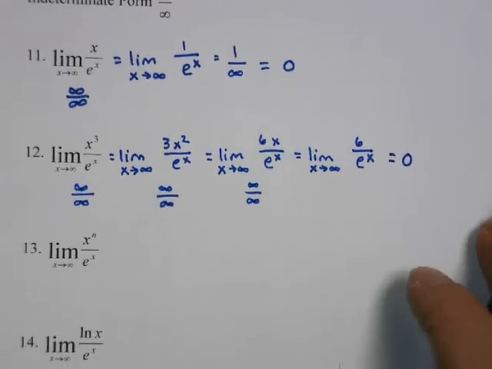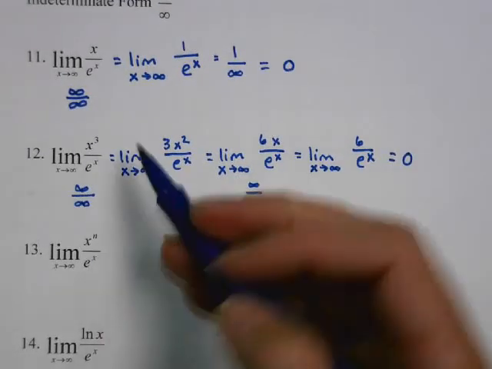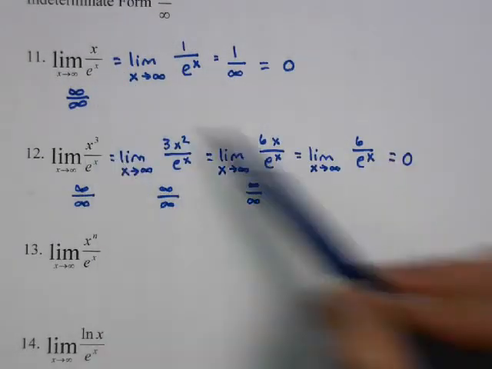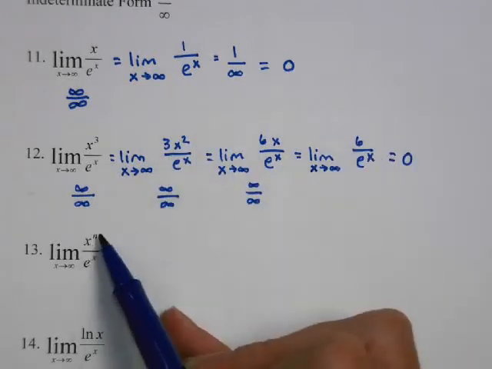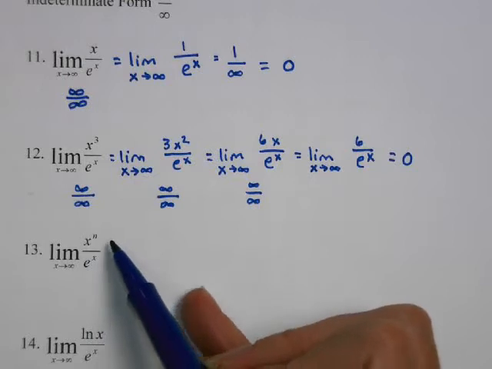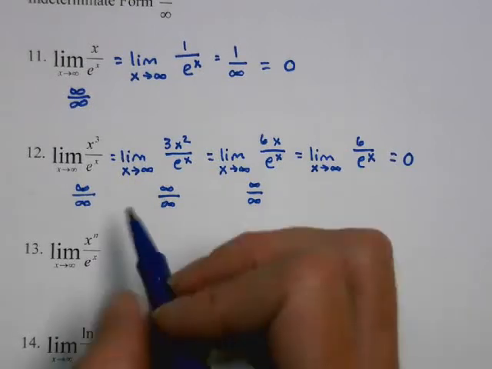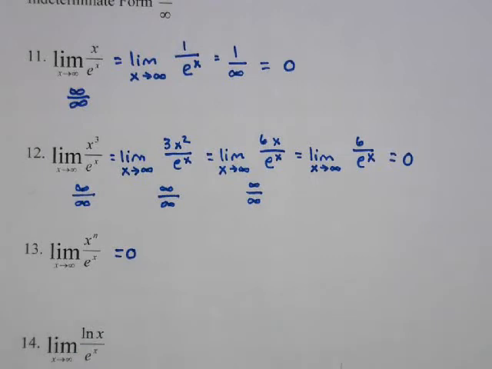So if you look at this last case here, x to the n over e to the x. So x went to 0, x cubed went to 0. And what's going to happen is as I keep taking derivatives, no matter what that power is, eventually it's going to go to a constant. So this is always going to be 0.